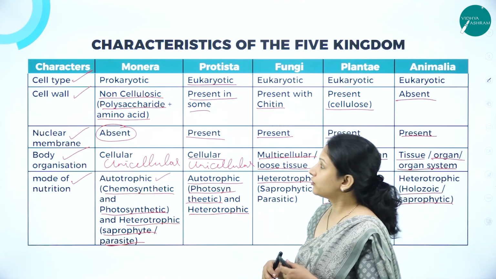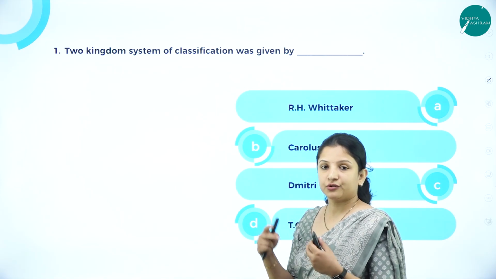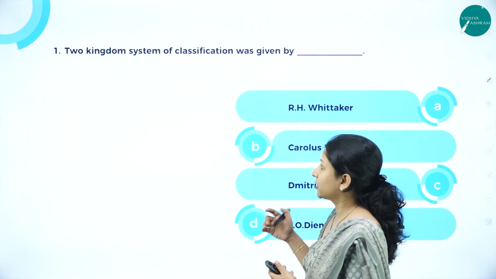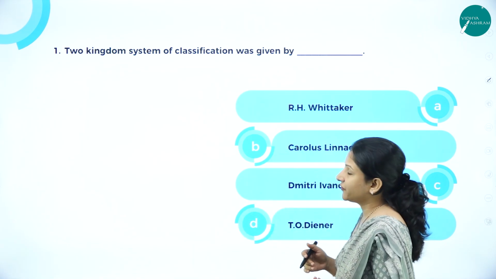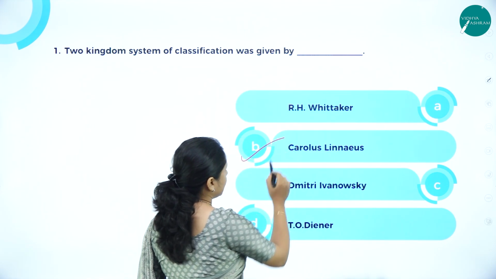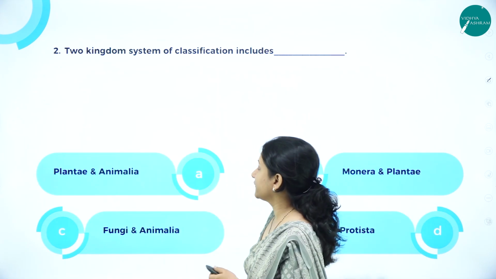Because now we know about all of these, let us move into the multiple choice questions. These are the set of questions that can be framed under this particular topic. The two kingdom system of classification was given by Carolus Linnaeus, not R.H. Whittaker, because he gave the five kingdom system of classification.